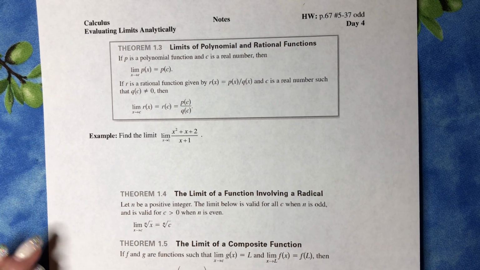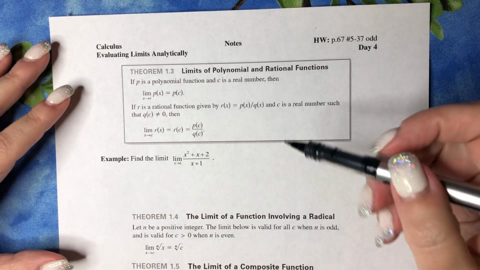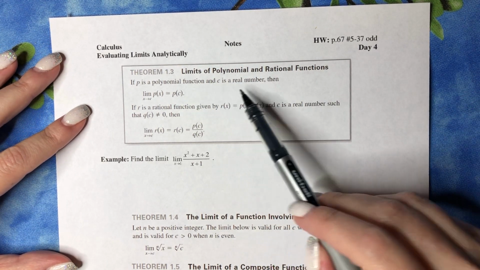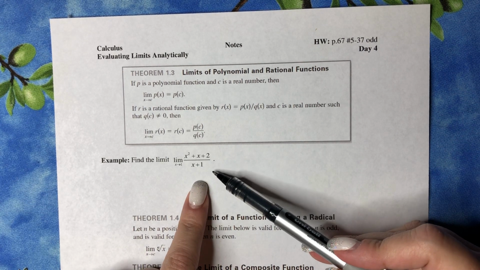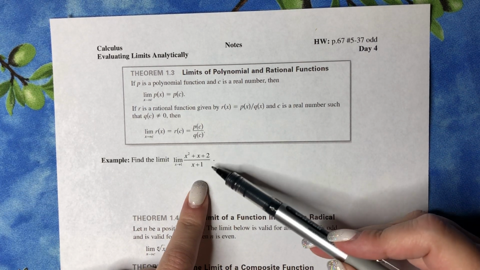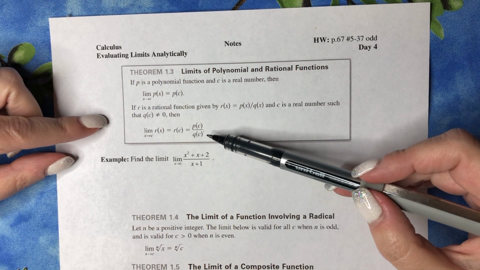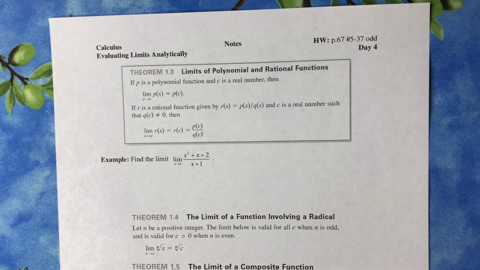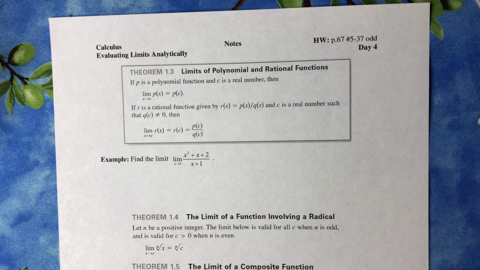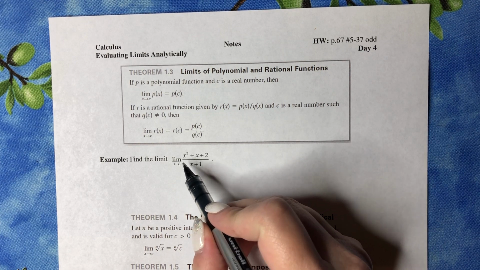Okay, so some of this stuff is just going to talk you kind of through this with the rules. If you're taking the limit of a polynomial with rational functions, that's what that guy is right there. Okay, that's a polynomial rational function. What it tells you is that you may want to do a little simplifying, if you can, beforehand, before you substitute.